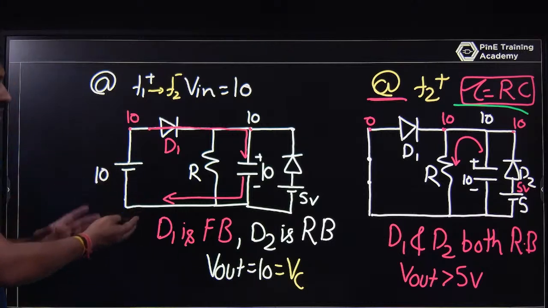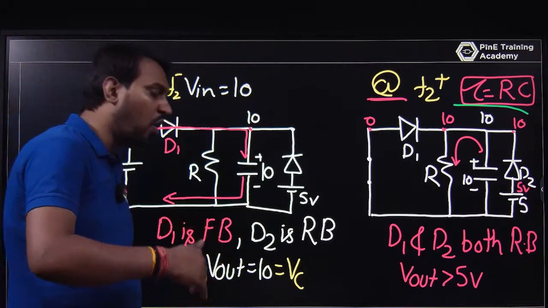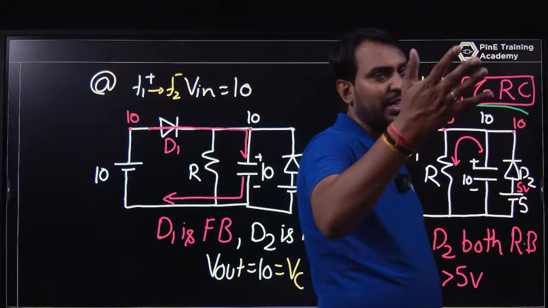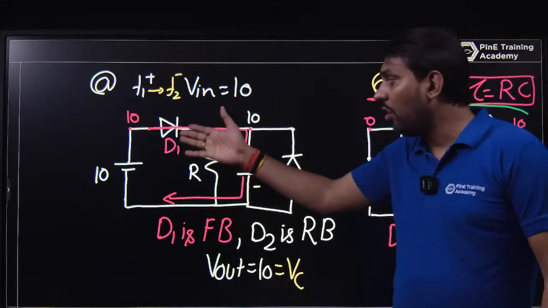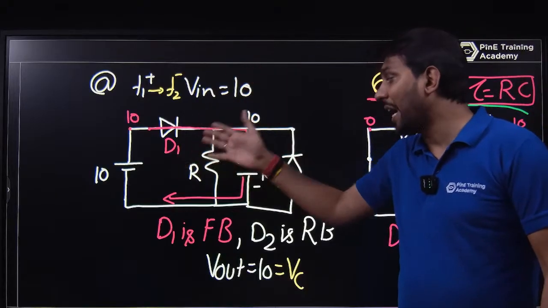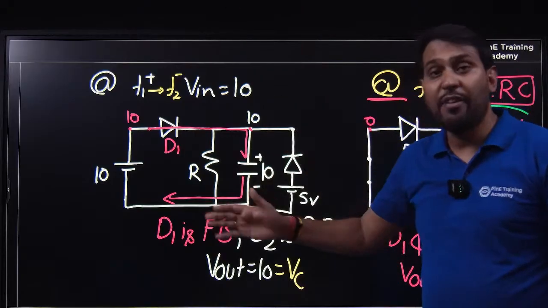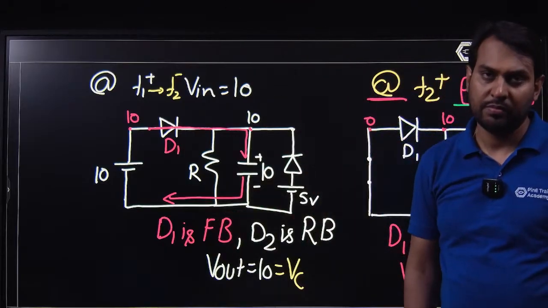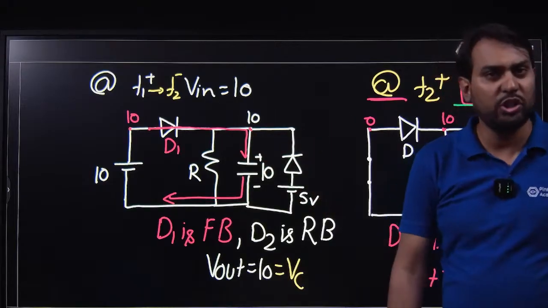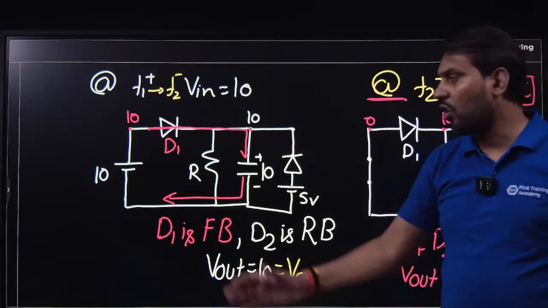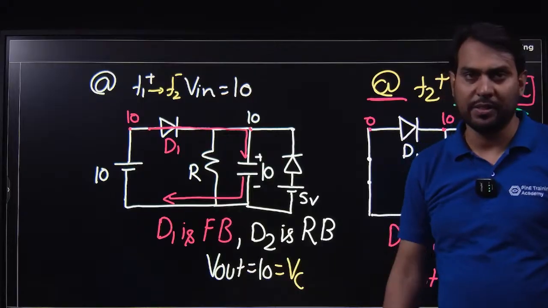If you have a resistor and capacitor, that doesn't mean it will always take time for charging and discharging. This diode will help you change the capacitor voltage gradually from 5 volt to 10 volt, where the tau is nearly 0, from T1 plus to T2 minus.